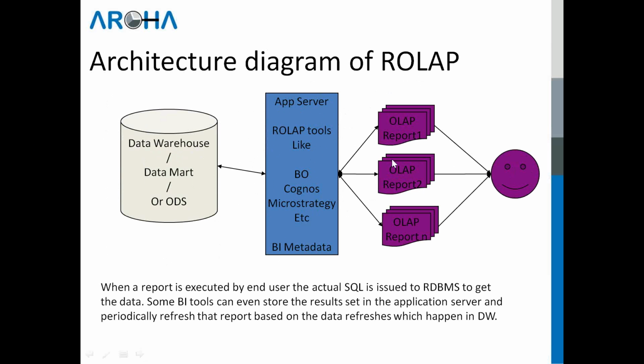The good part is, even though you have so many tables and columns in your data warehouse, based on the user role you take only certain dimensions and measures, and you create a layer here called the metadata layer. That's why it is called BI metadata.